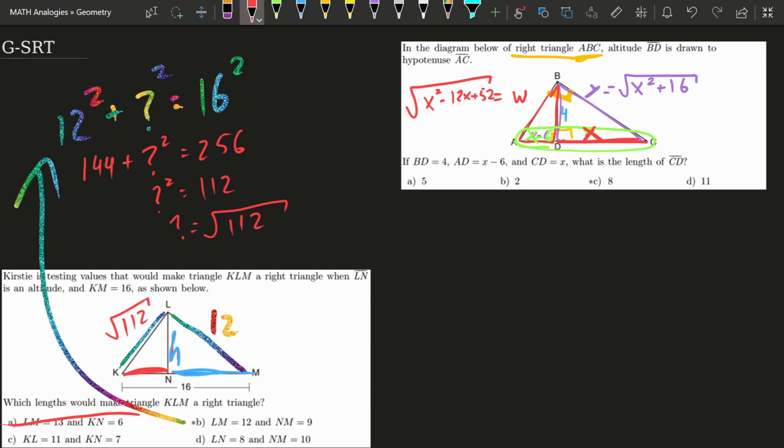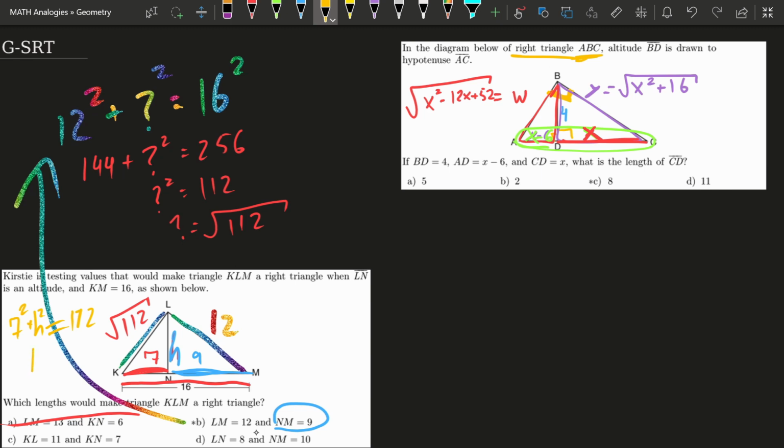Now also we know that NM is 9. Would that work out? Keep in mind, to make the full 16, we would have 9 plus 7. So if we call that height h still, is it true that we'd have 7 squared plus h squared equals 112?